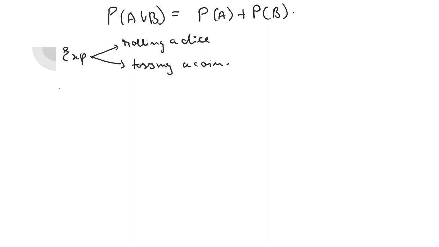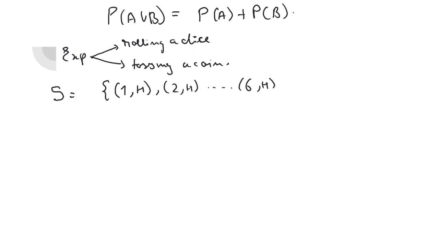So let me write that sample space. Since the sample space is a set, I can use simple roster form to write it. The possible outcomes would be: the rolling die can take values from 1 to 6 and the coin can take values heads and tails, right? So first there can be 1 and a heads, then 2 and a heads, up to 6 and a heads.